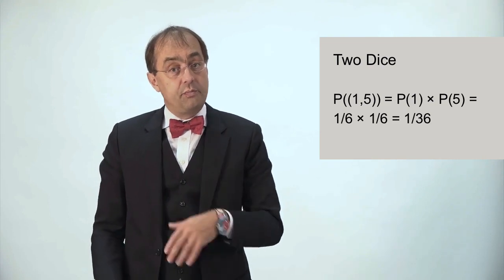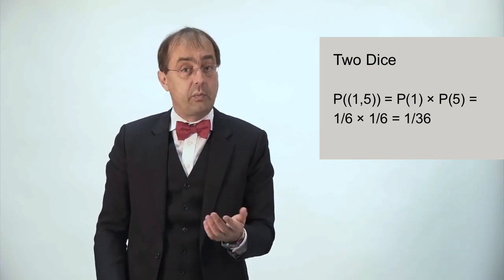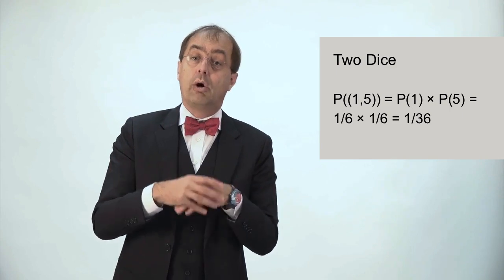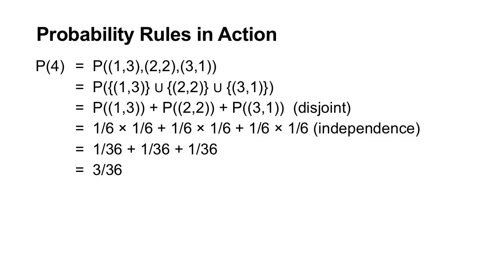And so now I can finally show you a second way of calculating the probability of a 4. A 4 again happens if you see first a 1, then a 3, first a 2, then another 2, first a 3, then another 1. Those 3 basic outcomes, or if you want to think of them as single outcome events, are disjoint. That means I'm allowed to add the probability of a 1,3 plus the probability of a 2,2 plus the probability of a 3,1.